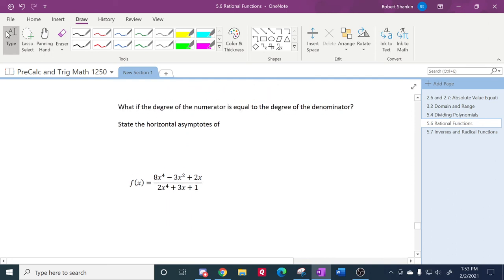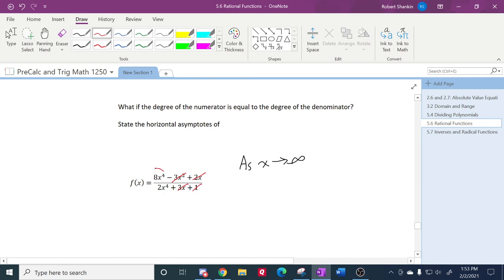All right, and this one, I'm going to work it out. As x goes to infinity, it's getting larger and larger and larger. These things become less and less important. They become really small compared to that 4th degree term.